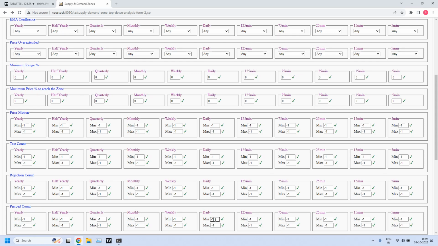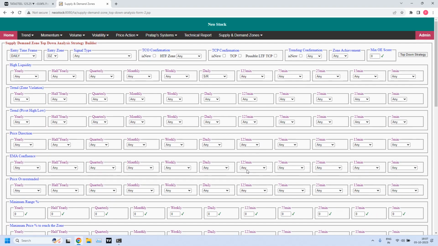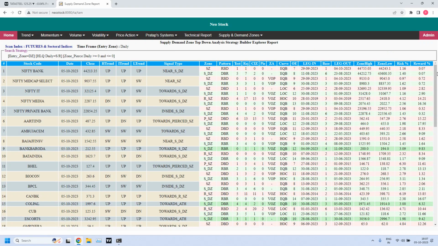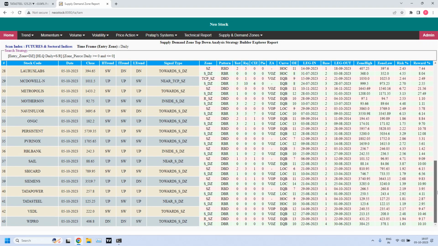So in the daily time frame, I am setting the minimum and maximum to 0. So I want stocks having pierced count 0, between minimum 0 and maximum 0. That means the pierced count should be 0. After setting this, now I am filtering the stocks. See, now the list is reduced to 43.